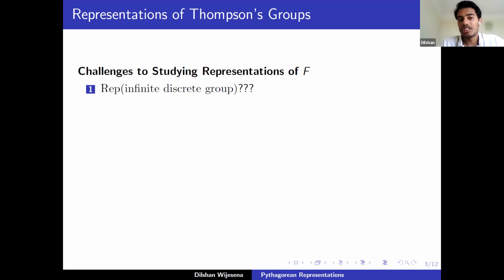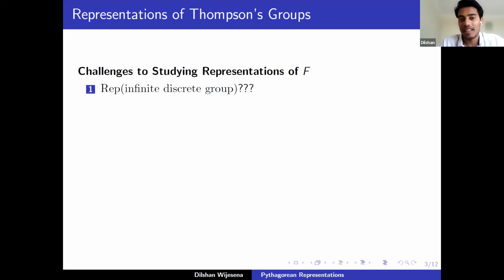In general, for infinite discrete groups, there are many representations, so you can't really make general statements. Just to give an indication of how difficult it can be, the representation theory of the free group generated by two elements is essentially a mystery today. That means no one knows how to classify two unitary matrices up to unitary conjugation.